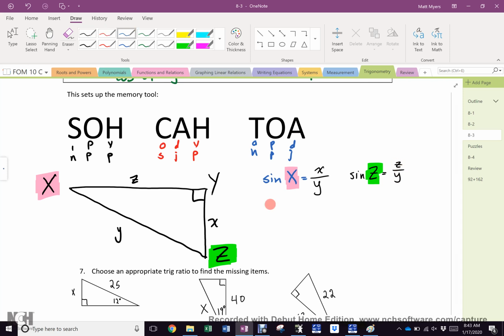You're doing very well. What is the cosine of x then? Cosine is right here. I've done it in red. Cosine of x equals z over y, adjacent over hypotenuse. What is the cosine of z?